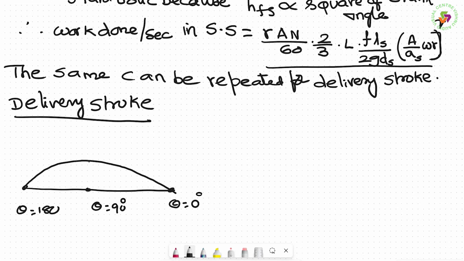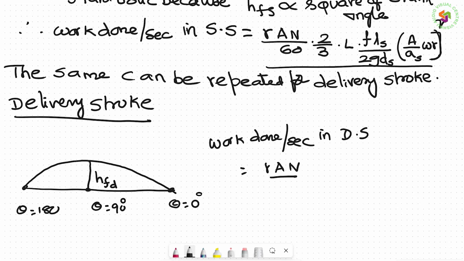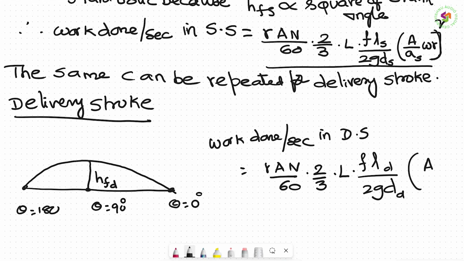And this is how the variation is. This is HFD. Again, all that you can repeat. Again, I can write work done per second in delivery stroke is equal to gamma A n by 60 into 2 by 3 into L F Ld by 2g dd into (A by Ad omega R) whole square. So this is regarding the friction basically.